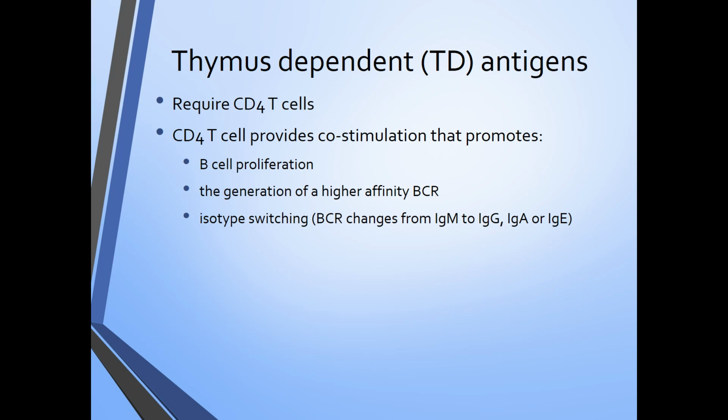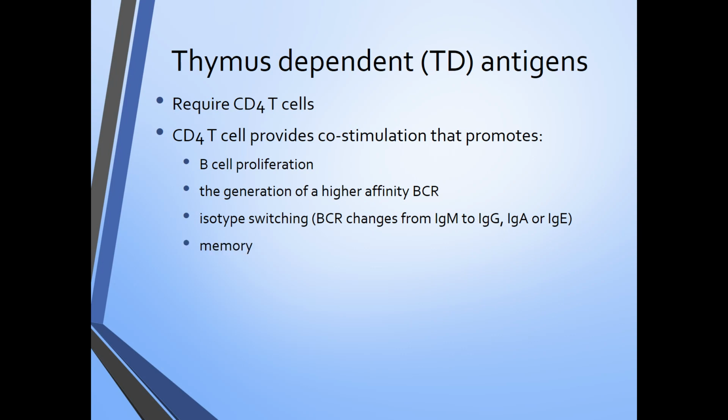The T helper cell also can signal the cell for isotype switching. It helps determine which isotype to switch to. So it changes from an IgM to an IgG, an IgA, or IgE, which ultimately will be what that B cell can produce when it differentiates into a plasma cell.